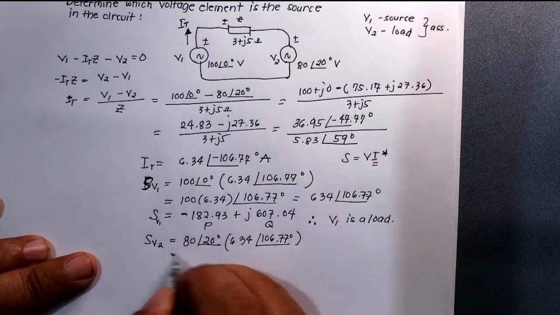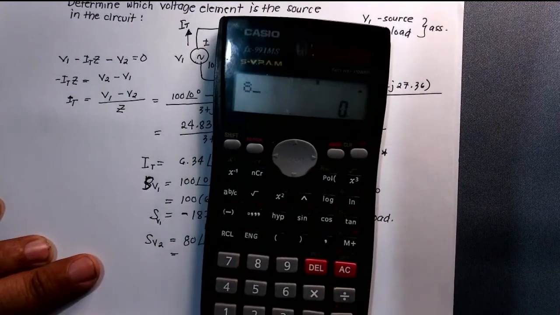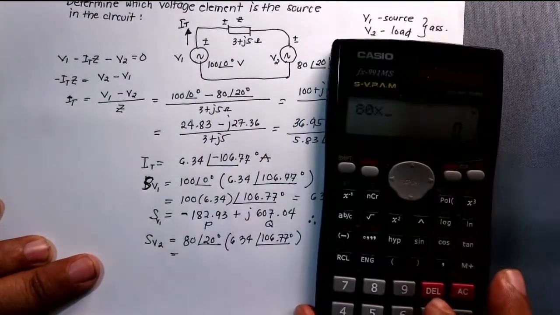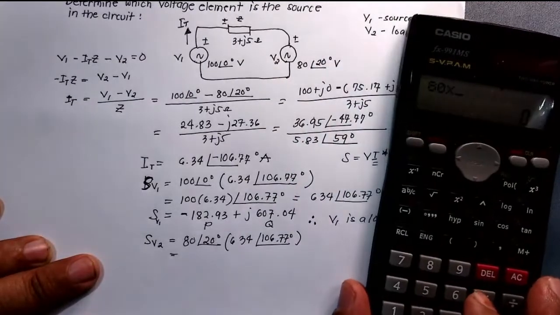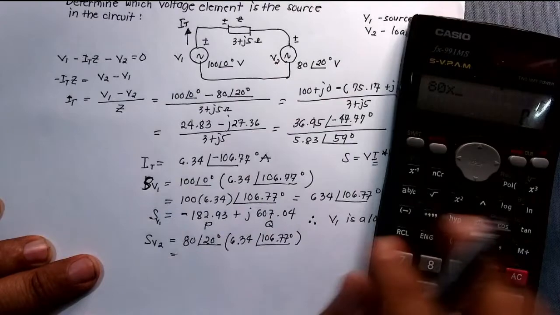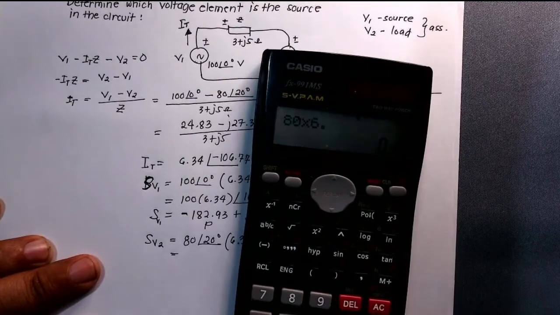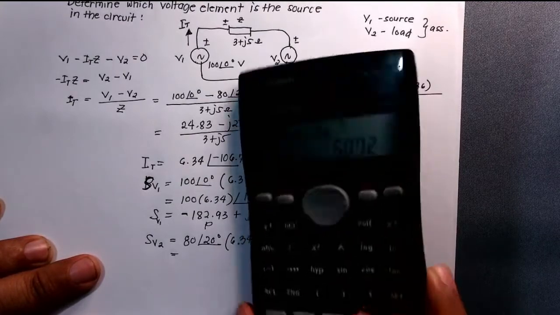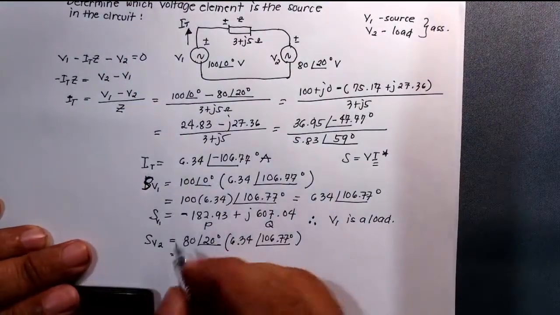If I multiply this, I have 80 times 6.34, which equals 507.2.